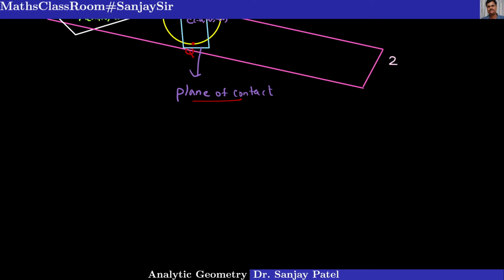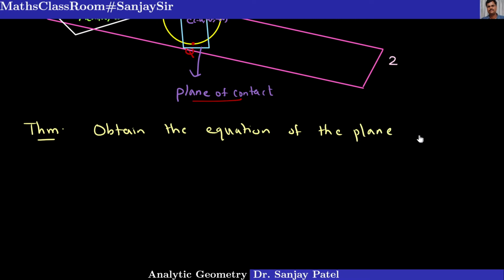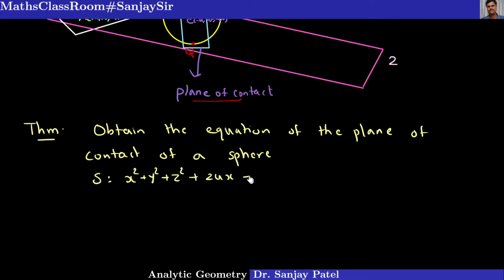Say, let me write down the statement. Obtain the equation of the plane of contact of a sphere S given by x square plus y square plus z square plus 2ux plus 2vy plus 2wz plus d equal to 0.